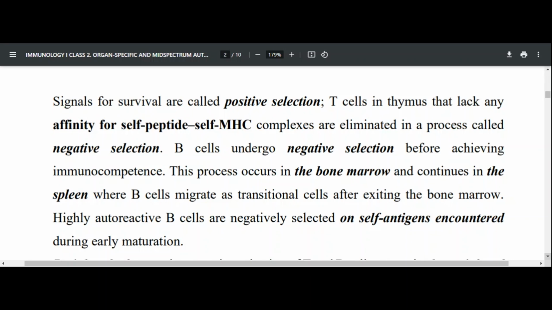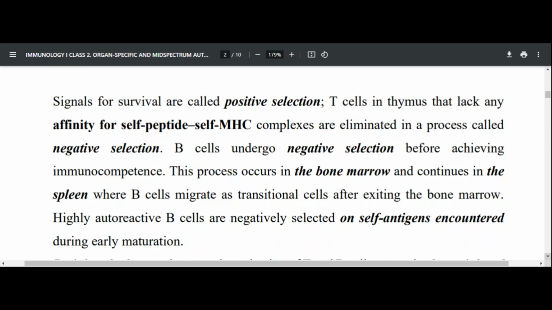Those are the T lymphocytes that lack affinity for self-peptide self-major histocompatibility complex, so they are going to be eliminated because they will not be able to recognize major histocompatibility complex, which is very important, especially for T lymphocytes, so they can receive signals from antigen presenting cells. This always requires major histocompatibility complex.